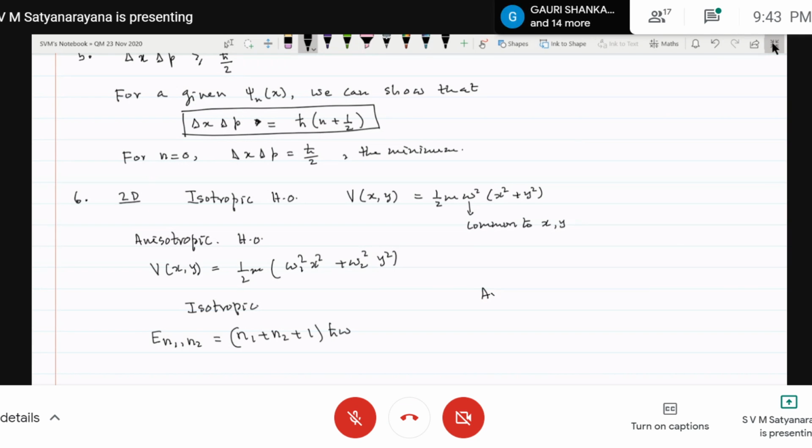And if you have an anisotropic one, then you have E n1 comma n2 equal to h cross omega 1 into n1 plus half plus h cross omega 2 into n2 plus half. This is just like two distinct harmonic oscillators. Okay. Now you can see that. So let me write down in Dirac notation.